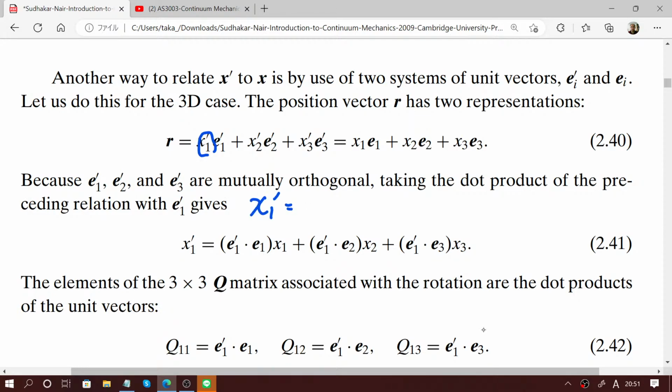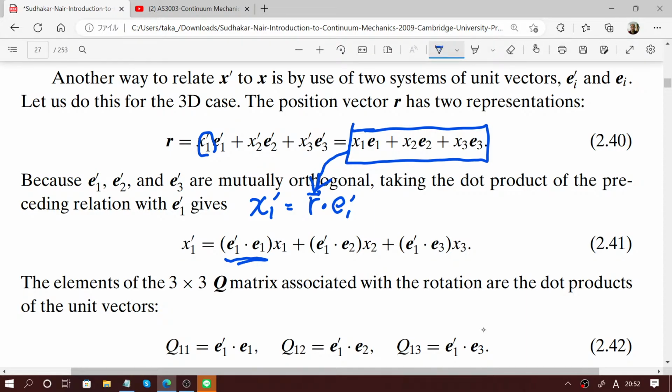You just dot with E1 prime. This is how you get x1 prime. And for the R representation, you just plug this in here. So then you obtain this one.